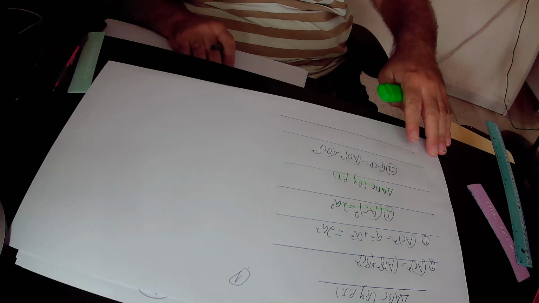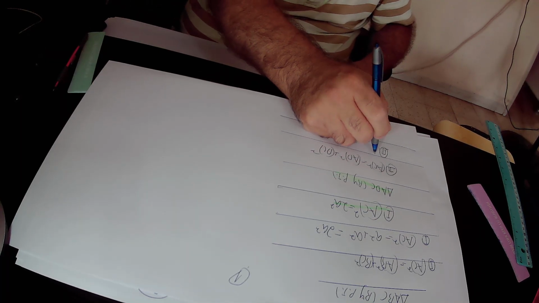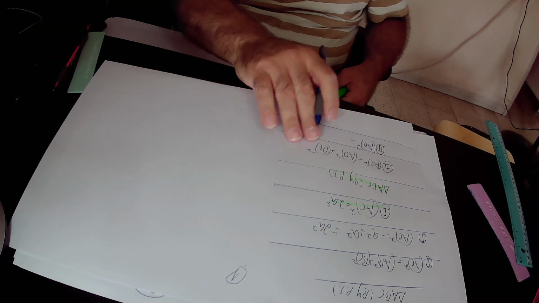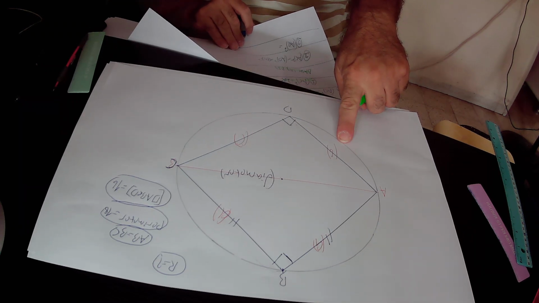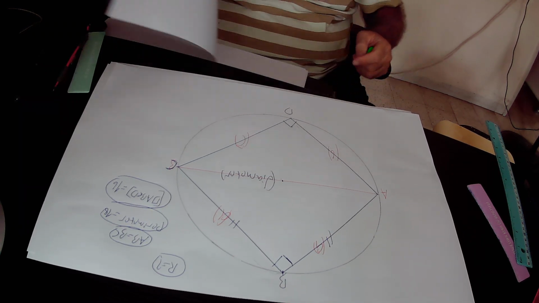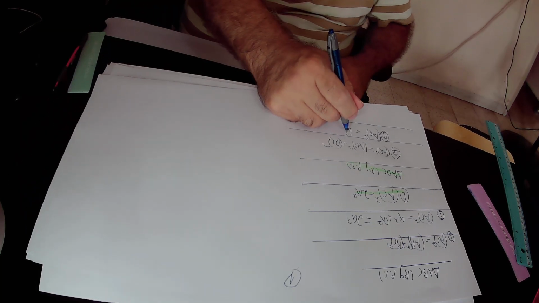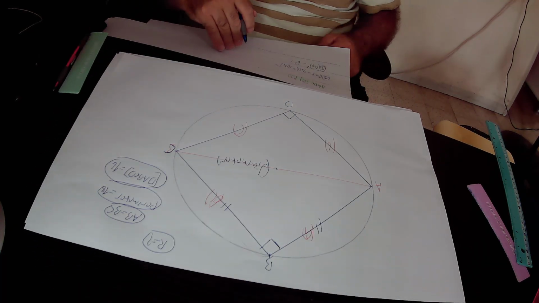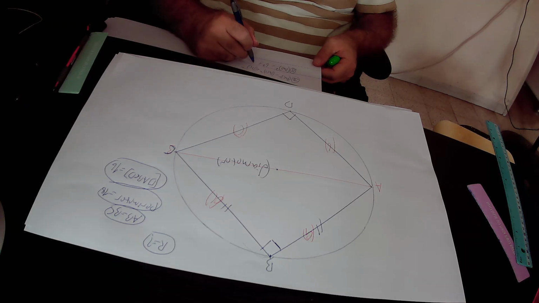AC is the missing side, so AC squared equals AD squared. AD is b, therefore AD squared is b squared, plus DC squared. DC is c, therefore DC squared is c squared.